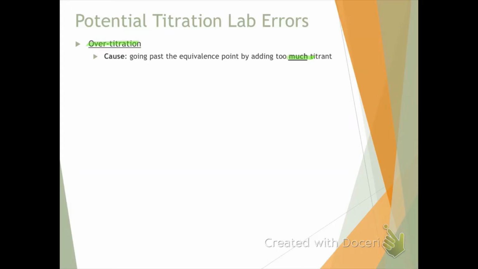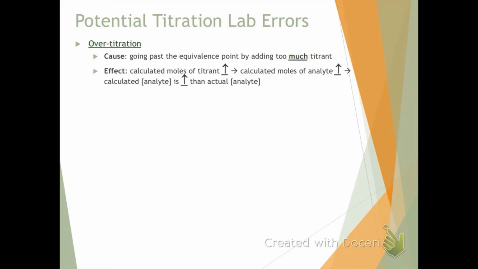We're going to say that we used more moles, so it's going to look like we had more moles of our analyte. So whenever we use more moles of titrant, we're going to calculate more moles of analyte. If we have more moles of analyte divided by our original volume of analyte, it's going to appear that we had a greater concentration of our analyte.